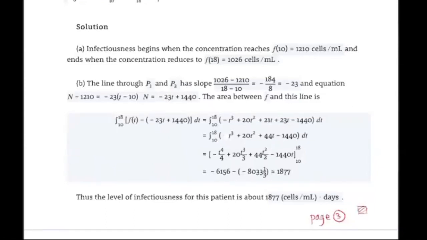Now we find the antiderivative. Once we find the antiderivative, we just need to evaluate this from 10 to 18, and the result here turned out to be 1,877. So the level of infectiousness for this patient is about 1,877 cells per milliliter days.